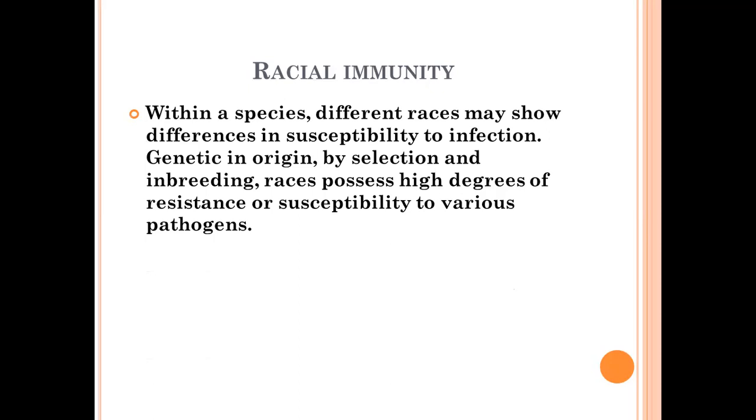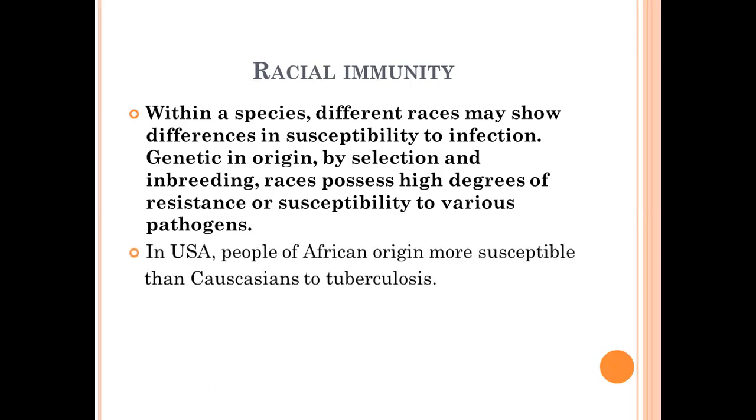So basically, it is dependent on the genetic and constitutional makeup. Within a species also, different races may have different susceptibility to different types of infections, and it is due to the genetic factors.